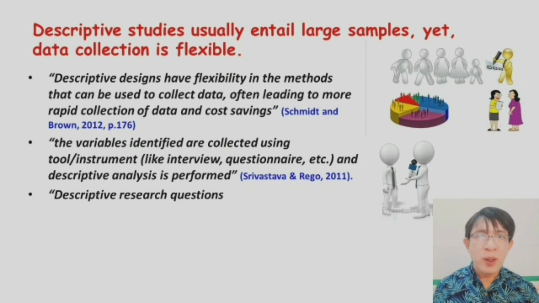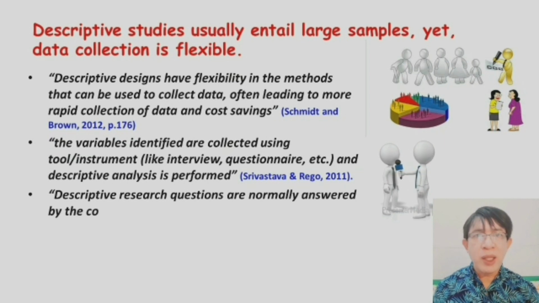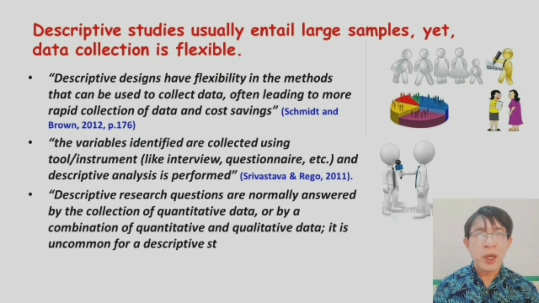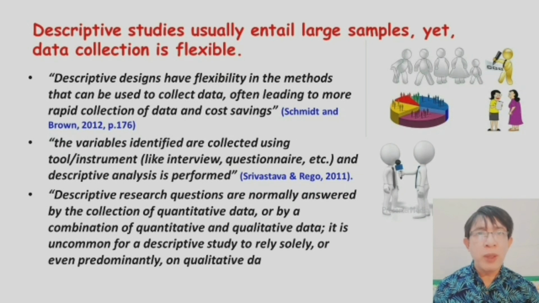Descriptive research questions are normally answered by the collection of quantitative data or by a combination of qualitative and quantitative data. It is uncommon for a descriptive study to rely solely or even predominantly on qualitative data.